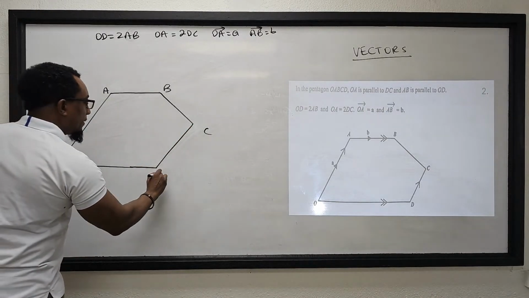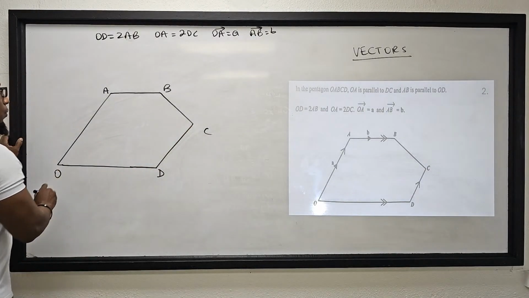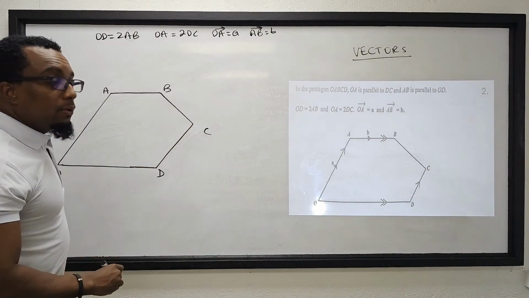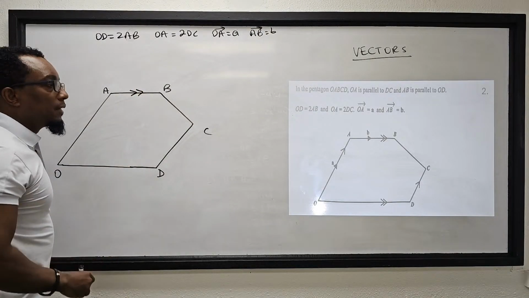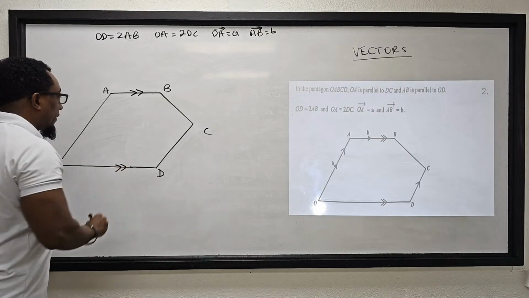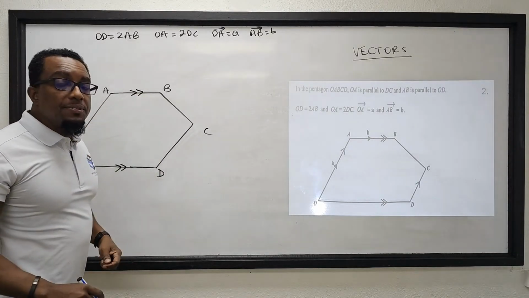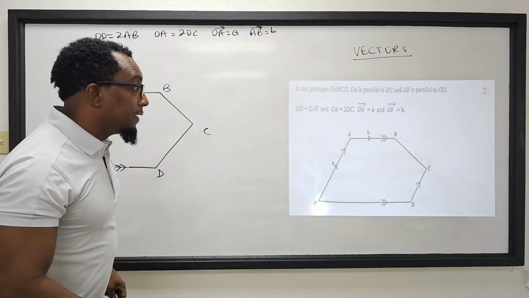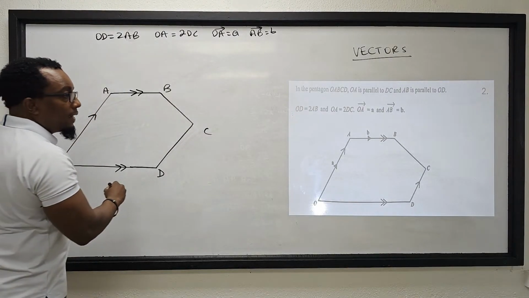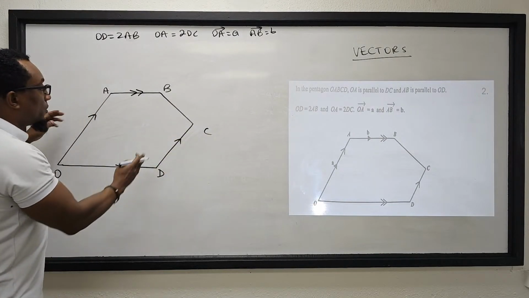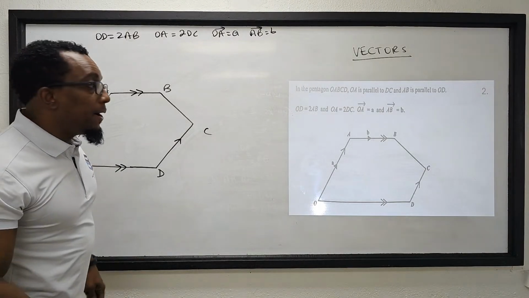A, B, C, D, O. Now, the arrows will indicate, so you have that arrow going that way, 2 double arrows, which will indicate that these two vectors move in the same direction and they are parallel. Similarly, if we have this arrow from OA and this arrow from B to C, those two vector quantities are parallel. Okay?